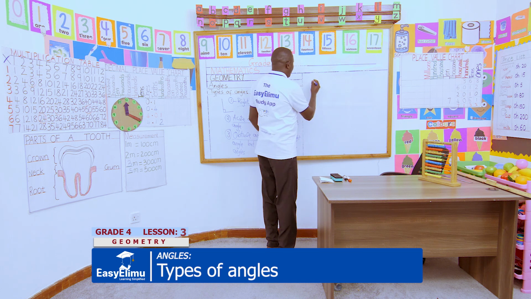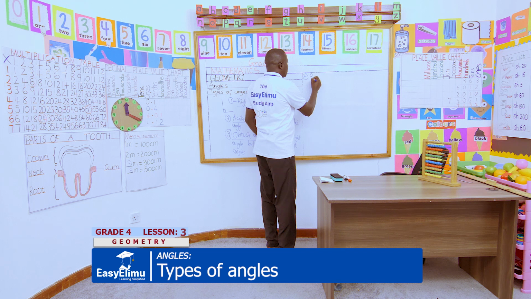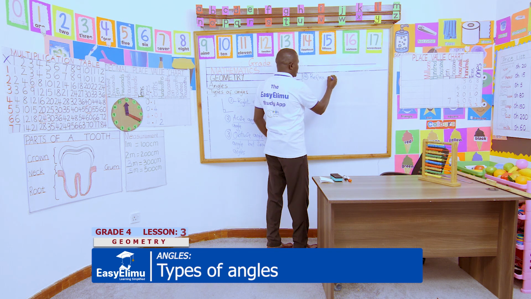And then we have number 4, another type of angle, we call it reflex angle. Reflex angle.